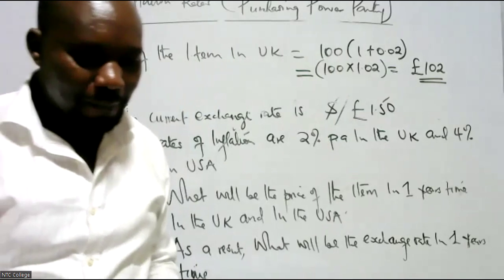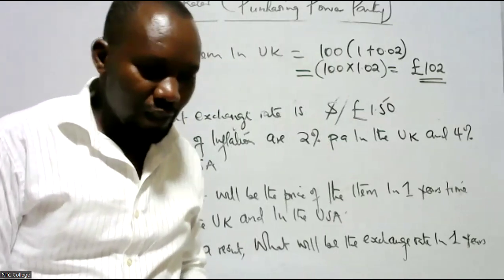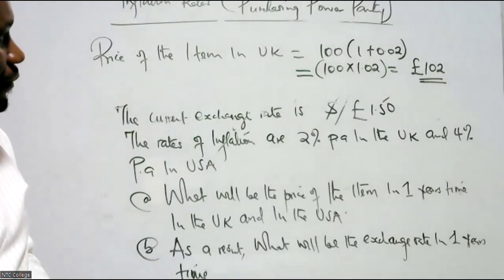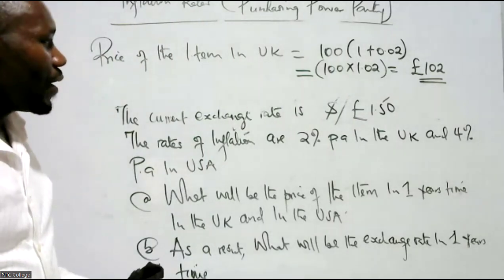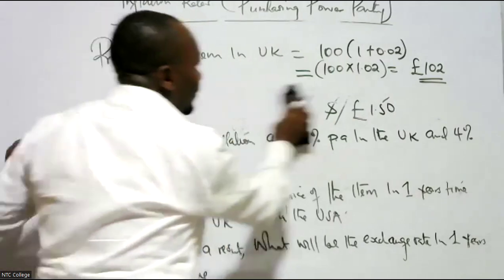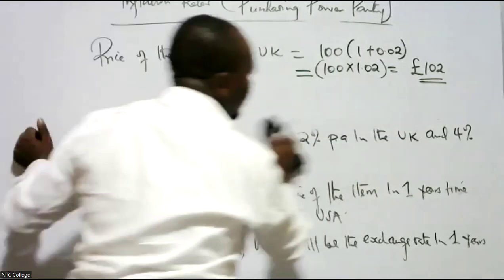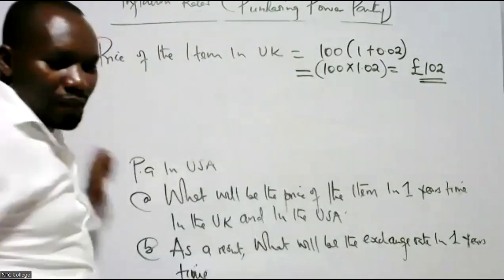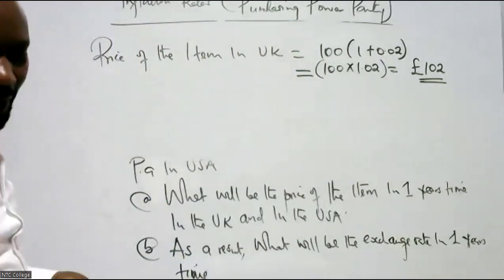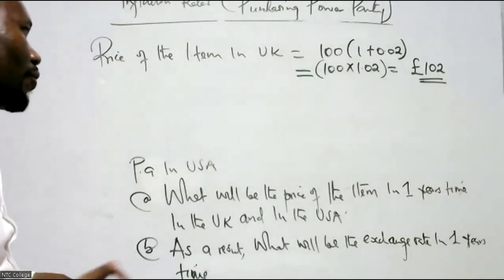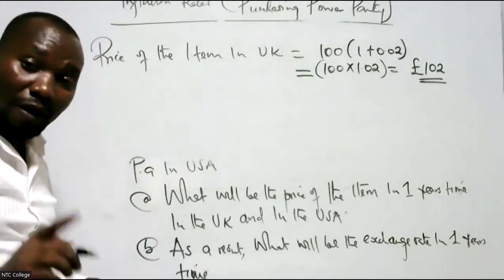What about the price in US? What about the price in US? So the price in US, you need first to convert what we are having into US currency. So we were given 100 pounds.